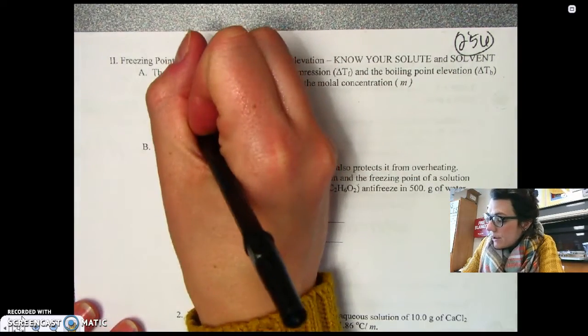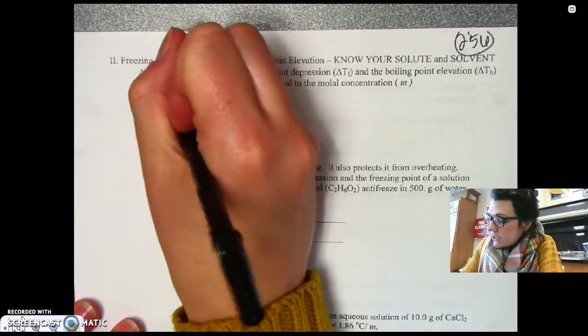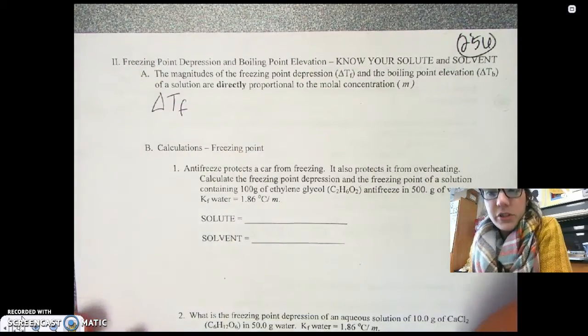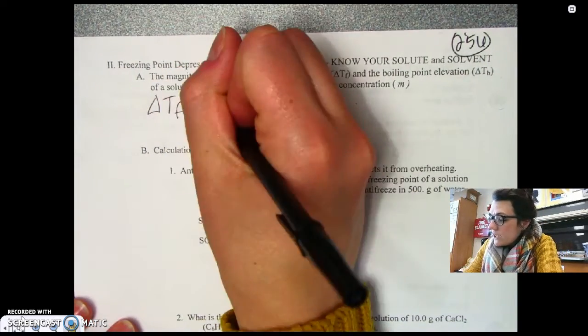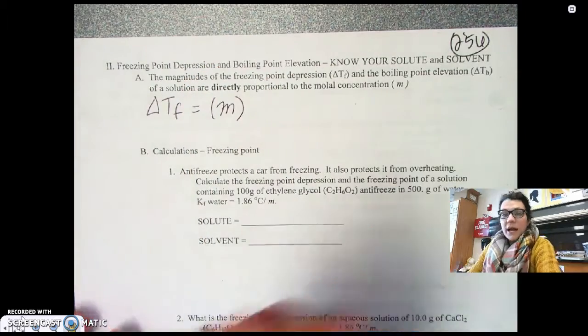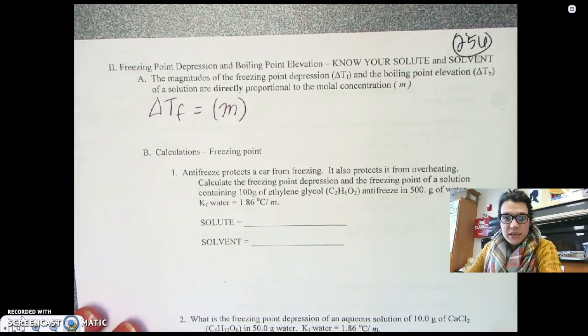So if I have delta T of F, how much my temperature is changing, it's going to be equal to molality, but we have to add a constant as well, which we'll talk about in a second.